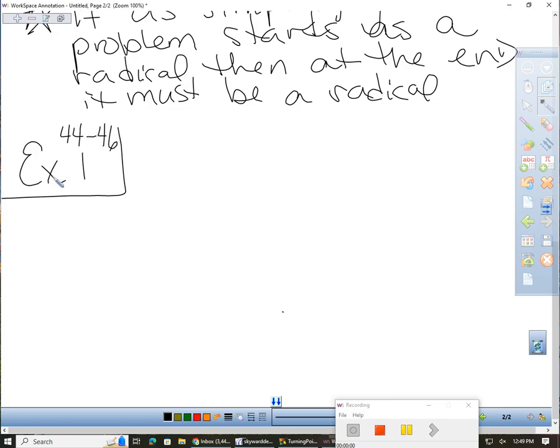If I have the square root of 6 over the cube root of 36, can I reduce them? No. They don't have the same dimensions, right? So we're going to change them to fractional exponents.